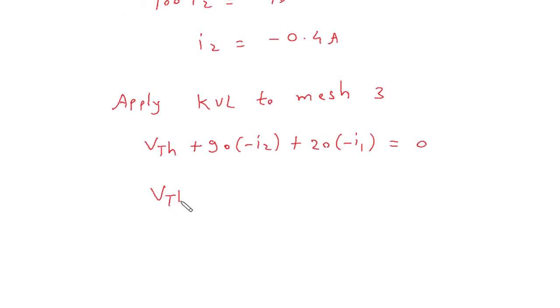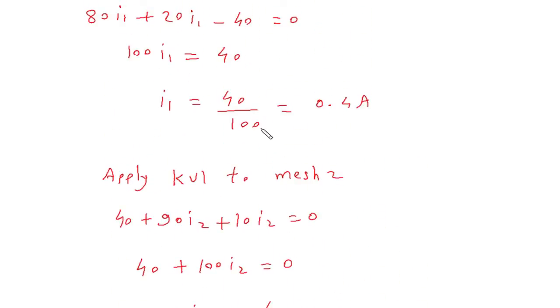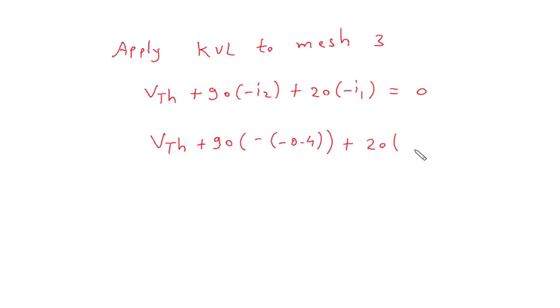So this will be VTH plus 90 into minus I2. Now I2 is minus 0.4, plus 20 into minus I1, I1 is minus 0.4, is equal to 0.